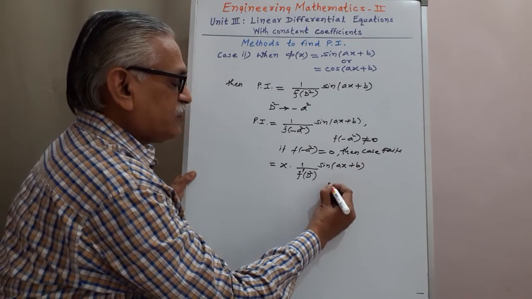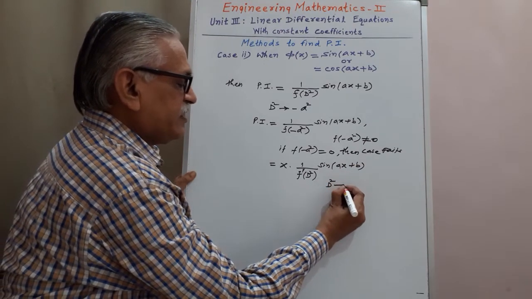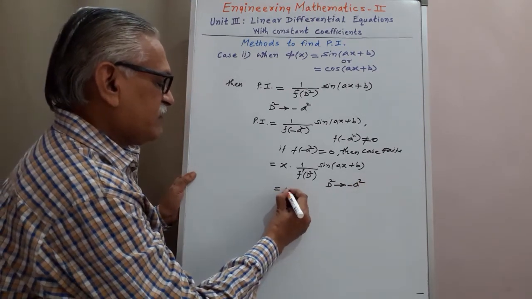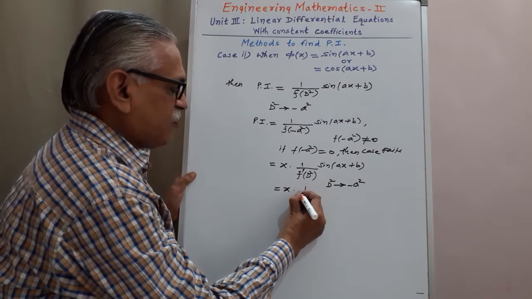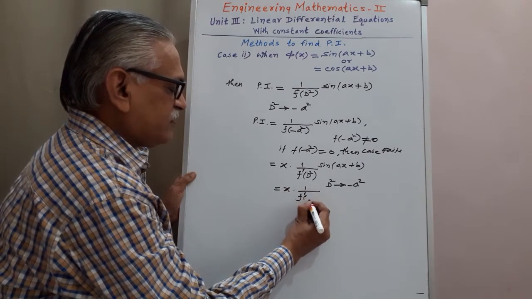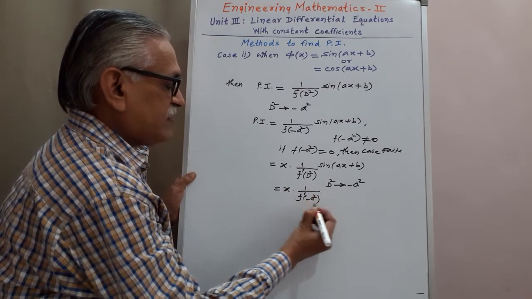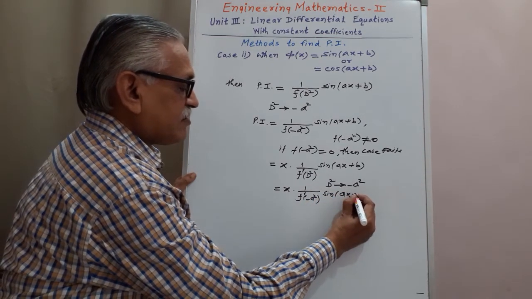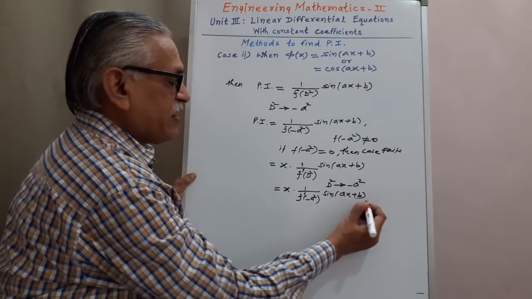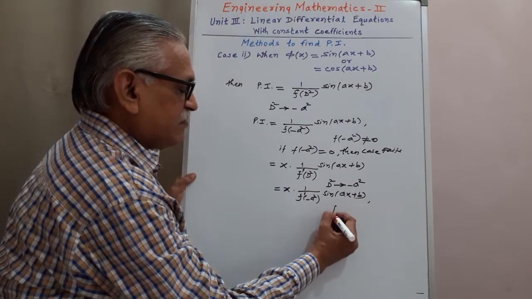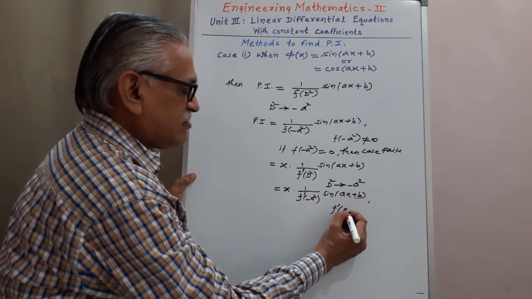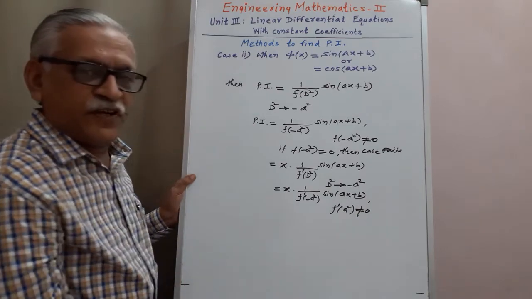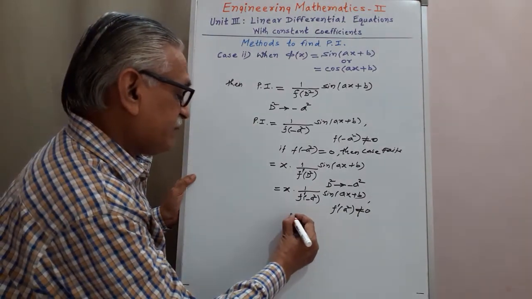Once again we use the same replacement, D square replaced by minus a square, and therefore it becomes x into 1 upon f dash of minus a square into sin of ax plus b, provided f dash of minus a square should not be 0. If it is 0, again the case fails.